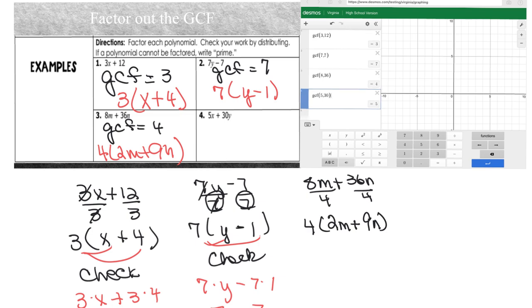All right, problem number 4, I type in the GCF of the numbers 5 and 30, and I get 5 as my GCF. So I'm going to write that GCF down. And I'm going to take my original problem, and I'm going to divide it by my GCF.